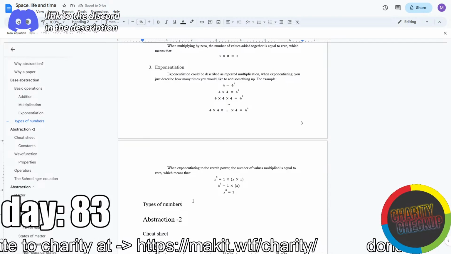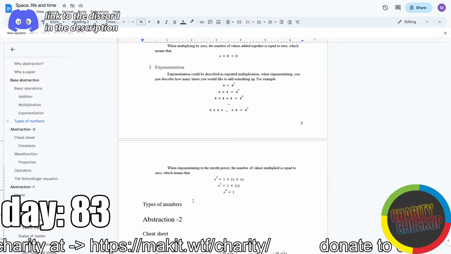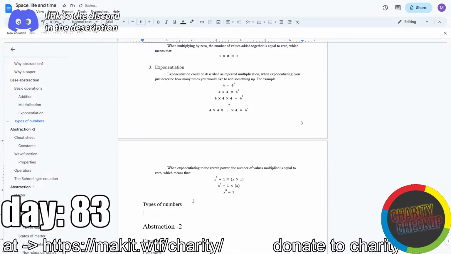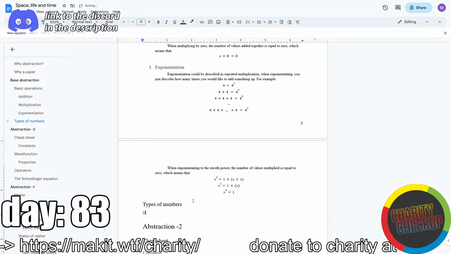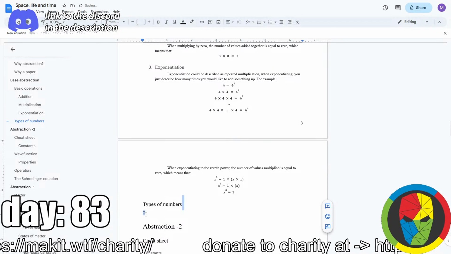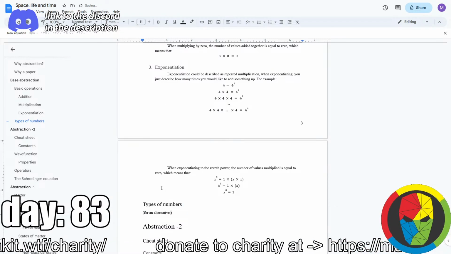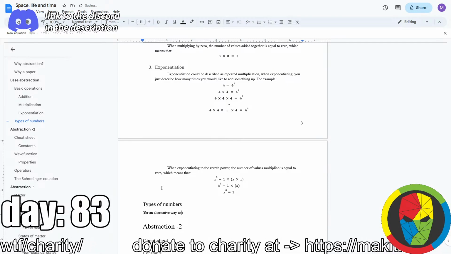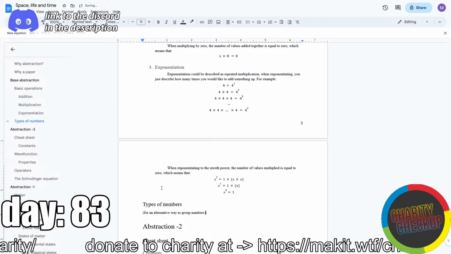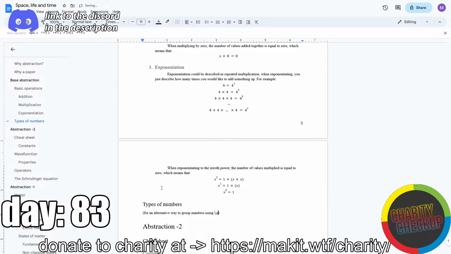Okay, we won't mention hyperoperational mathematics, because that would be silly, for an alternative way to group numbers.